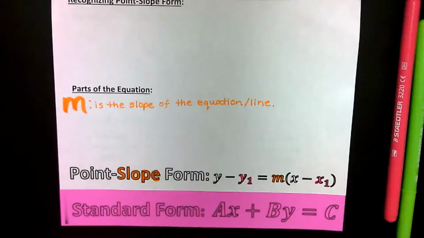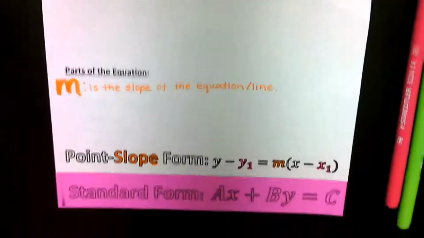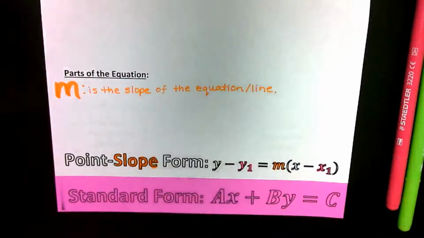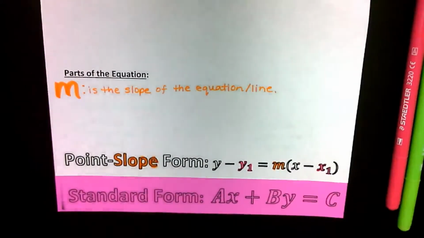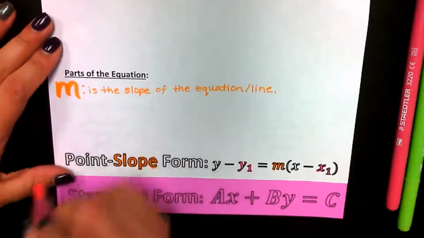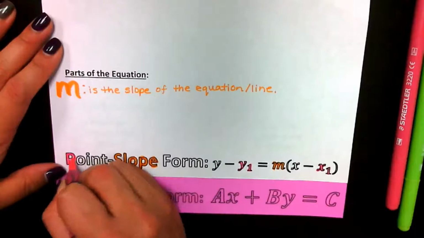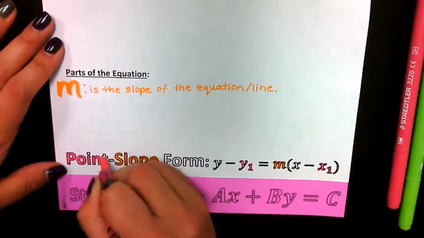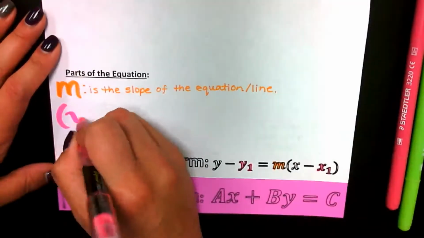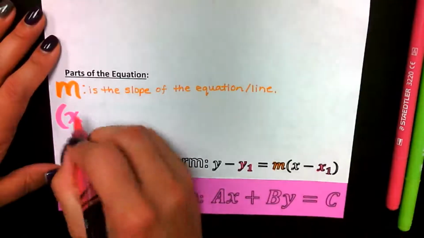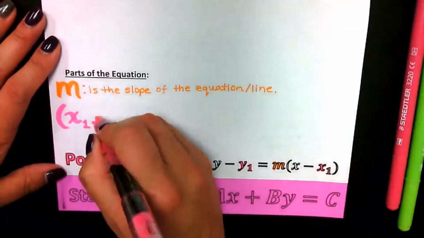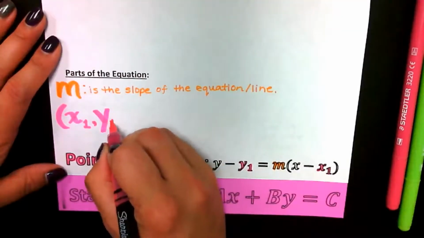Now this is the really important part that a lot of people get confused, and that's really why I want you to pay attention to the color. All right, so your point will still be a coordinate. So, parentheses, x, and we've already talked about these subscripts here, x sub 1, comma, y sub 1.